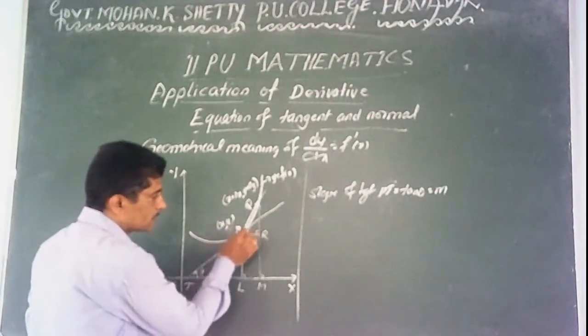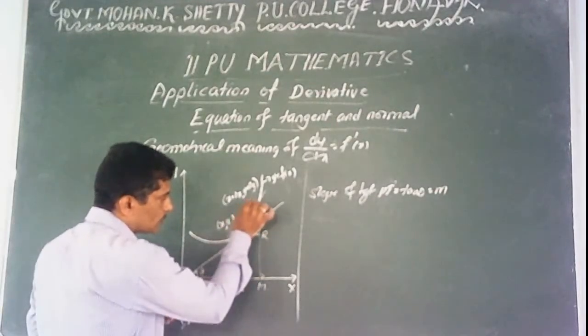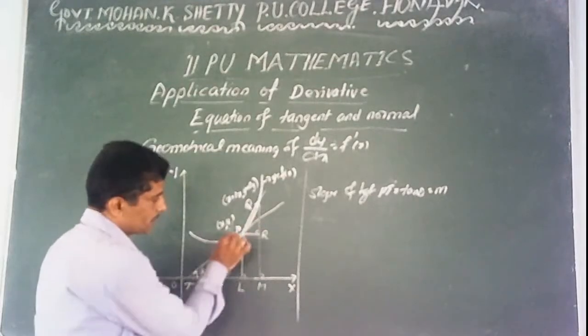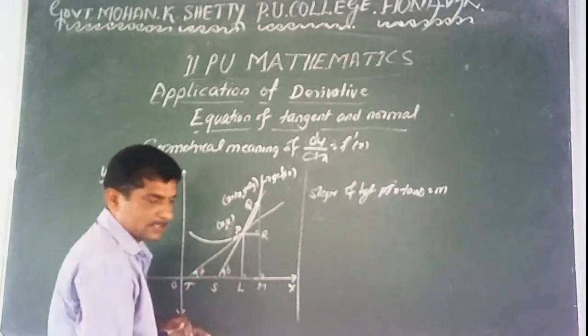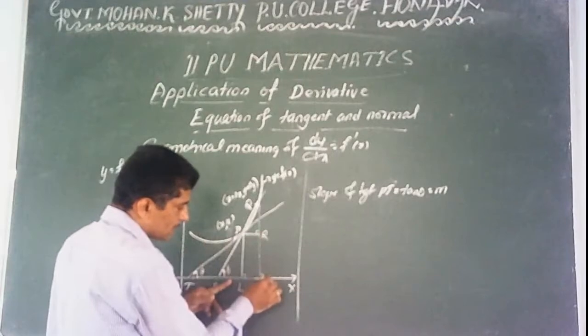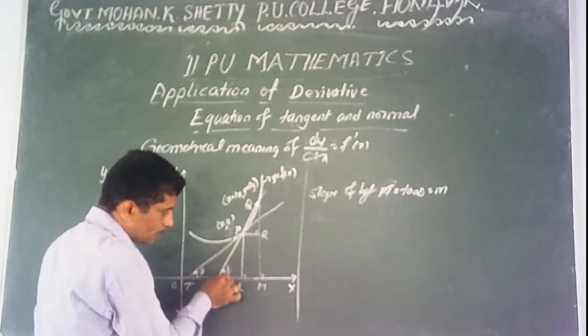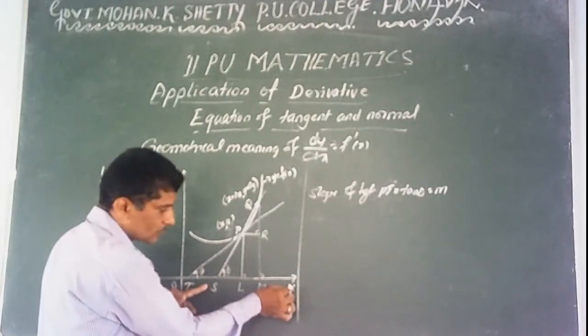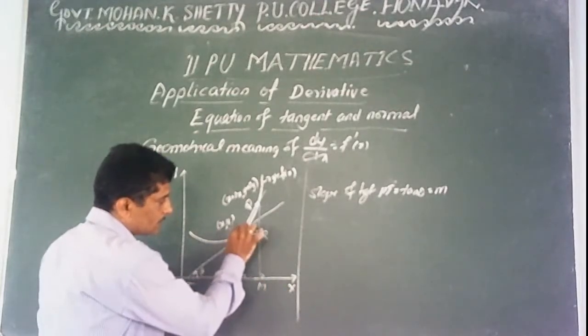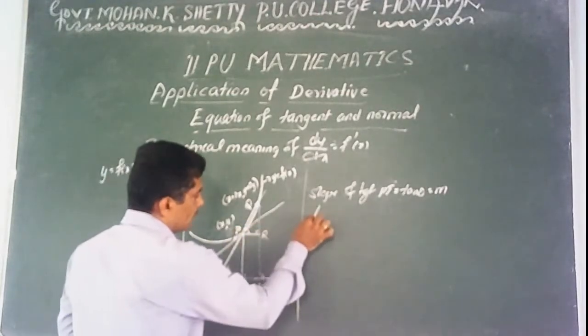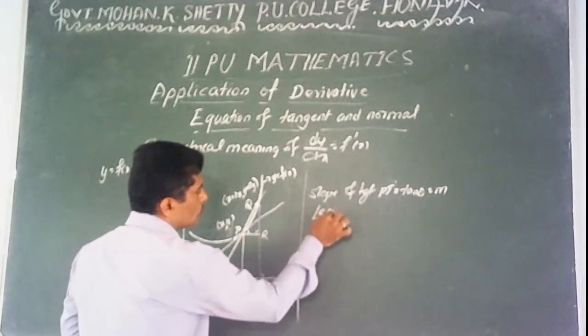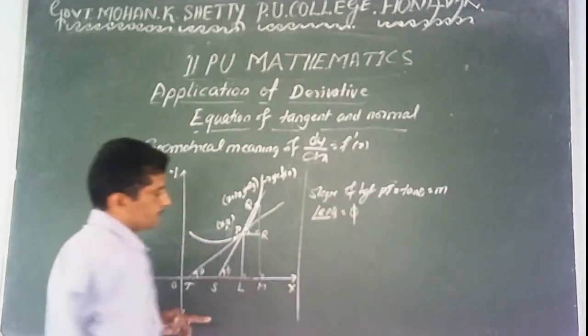Then you get RPQ as a triangle, right angle triangle PRQ. It's clear? Here PR is parallel to x-axis. This line makes angle psi to the positive direction of x-axis. Therefore, you know that angle RPQ is equal to psi.